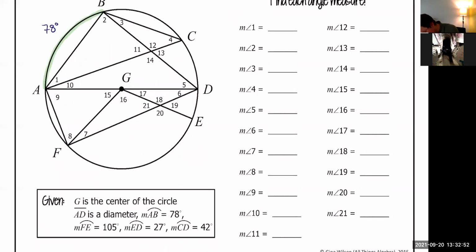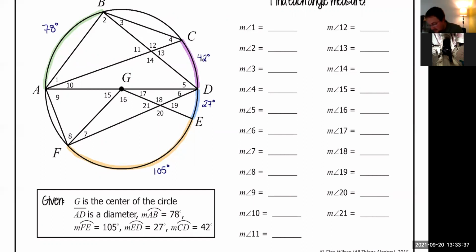FE is 105 degrees. ED, goodness, is 27 degrees. And CD, running out of cute colors, 42 degrees.